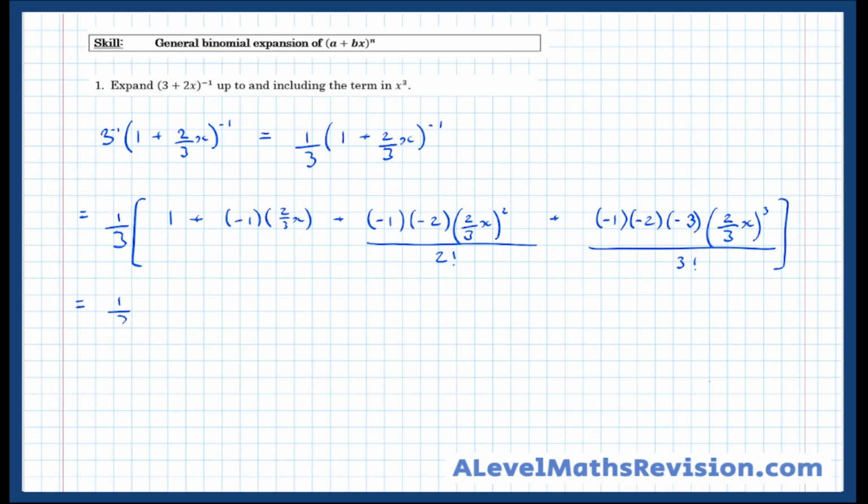So equals 1/3. And I keep writing the third on every line so as not to forget to multiply everything by 1/3. So 1, easy to do in our heads, minus 1 times 2/3 x is minus 2/3 x. Getting a bit more complicated now. As I presented in the original general binomial expansion of (1 + bx), what I like to do is count the minus signs first of all to decide whether it's positive or negative.